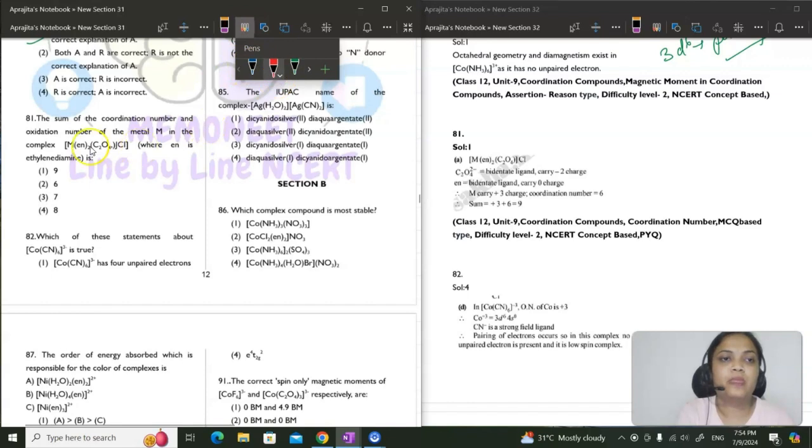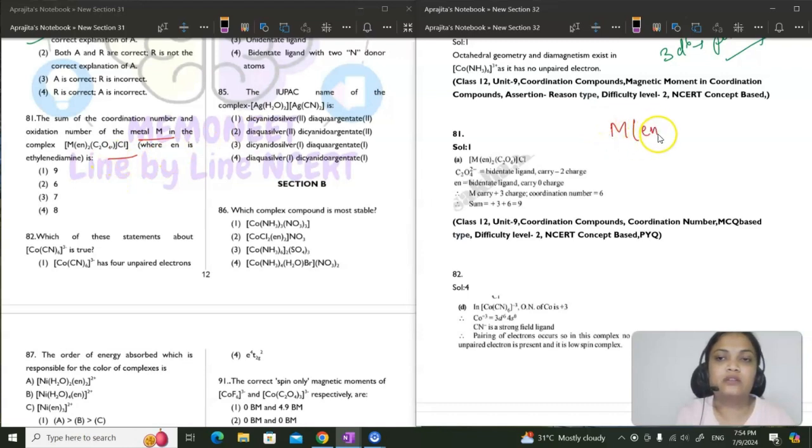Next question, students. The sum of the coordination number and oxidation number of metal M in the complex is asked, where the complex given is M(en)2(C2O4)Cl. Just now we have done a similar kind of question. C2O4 2 minus is a bidentate ligand with a -2 charge, and ethylene diamine is also a bidentate ligand carrying 0 charge.